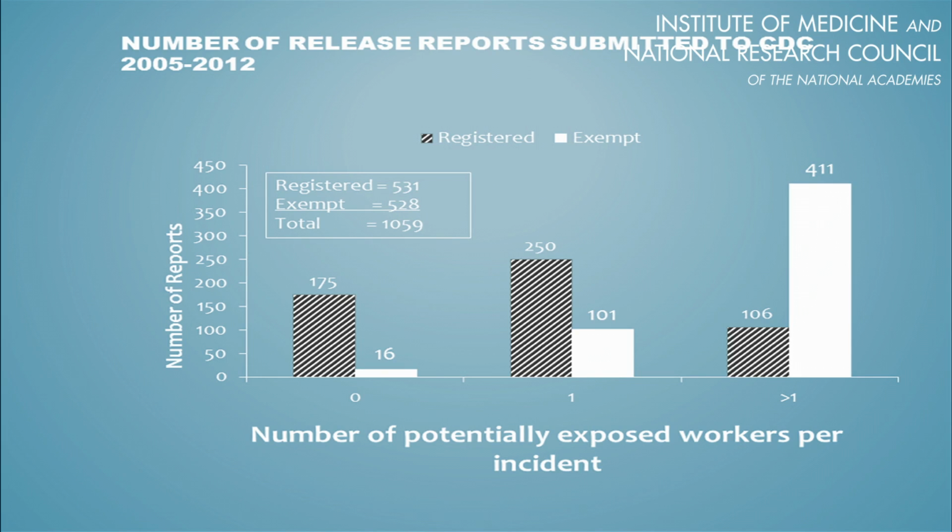And we found that in the no worker involvement events and single worker involvement events, most of these events were reported to us by registered laboratories in the system. However, when we looked at the events that involved multiple workers, the significant majority of those were reported to us by exempt laboratories.